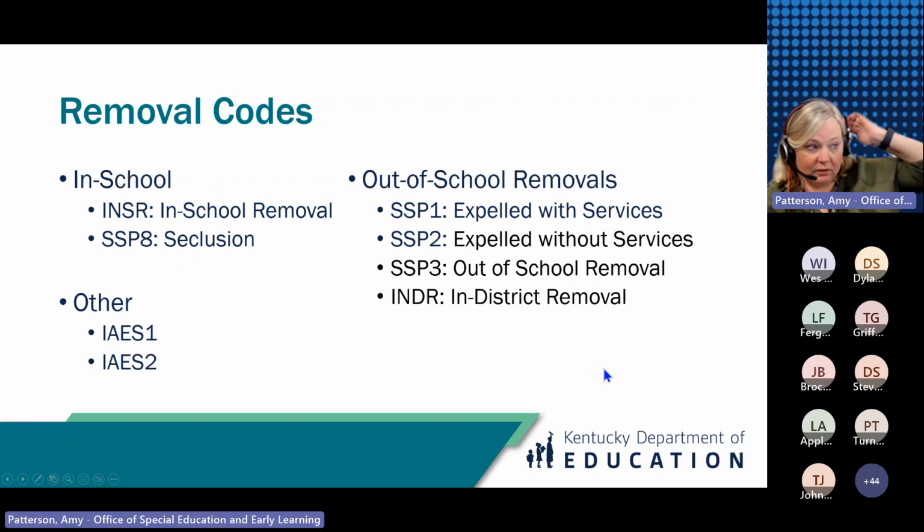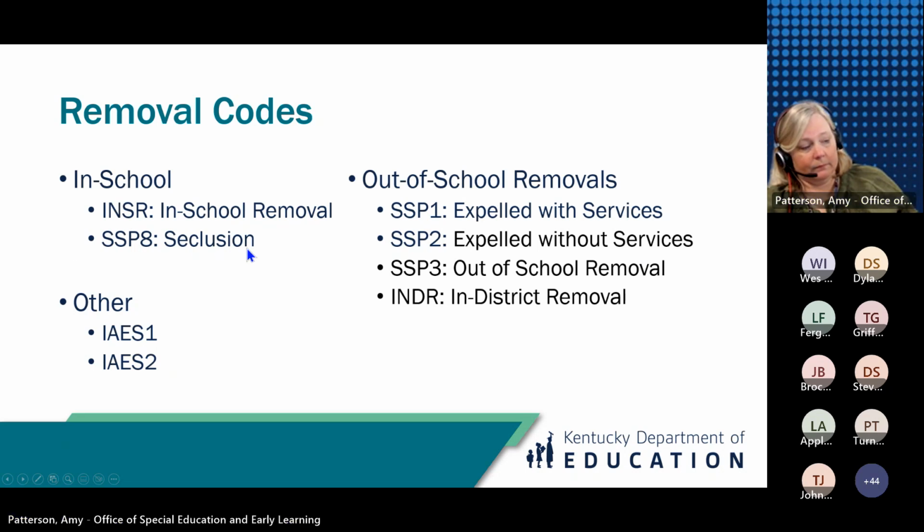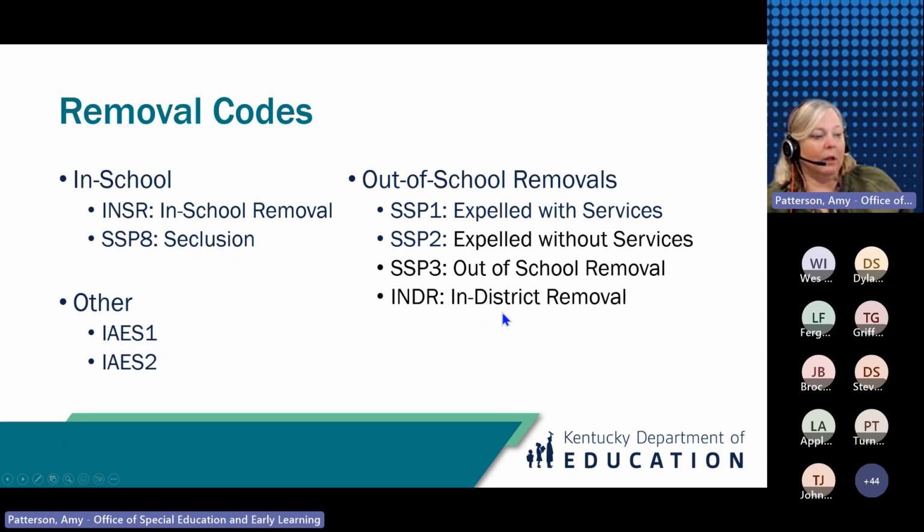And so what counts as in school or out of school? In school is in-school removal and seclusion. Out of school is SSP1, SSP2. So any expulsion, any out-of-school removal, and then an in-district removal. And then IAES, interim alternative educational setting.